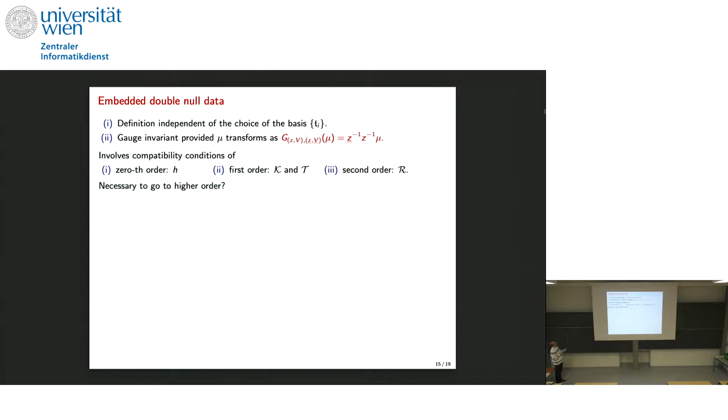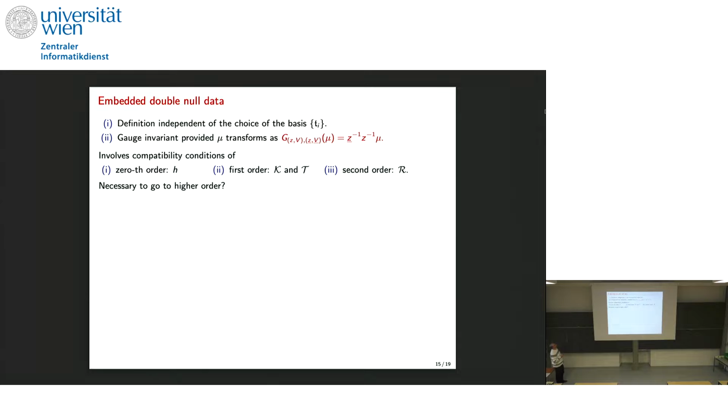This definition has several nice properties. First, the definition has been given in terms of a basis, but the definition is independent of the basis. You can show that it's gauge invariant. If the definition is true in one gauge, it's going to be true in any other gauge, as soon as you prescribe that this function mu that defines the boundary isometry transforms in this form.